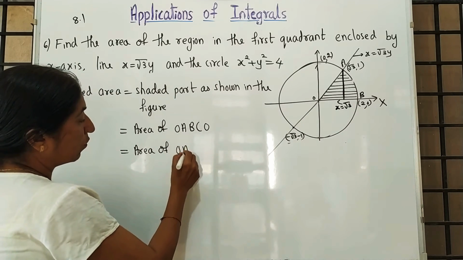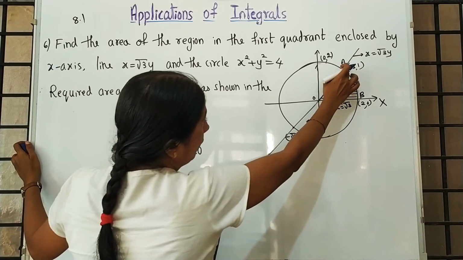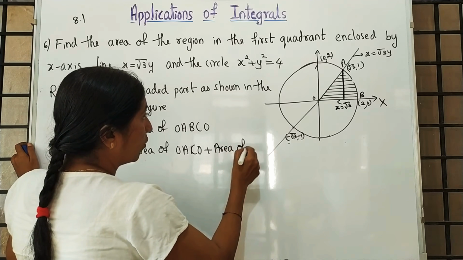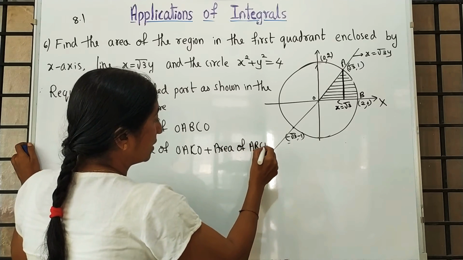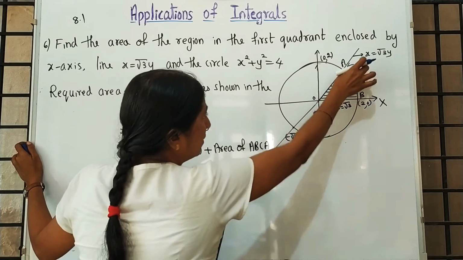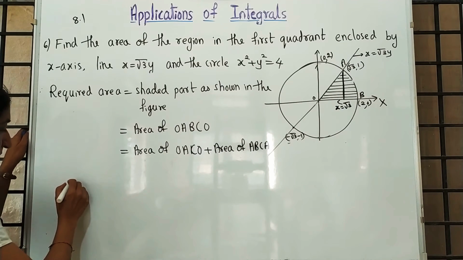Area of OACO, where we only have the straight line, plus area of ABCA, where we have the curve and the x-axis, and here it is a perpendicular, and on the other side it crosses the x-axis.